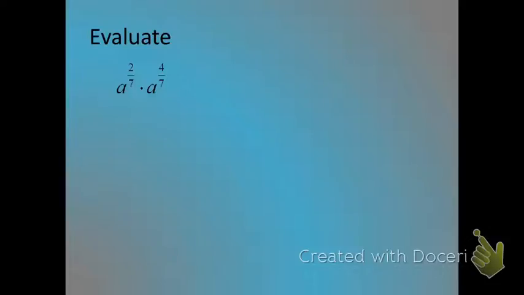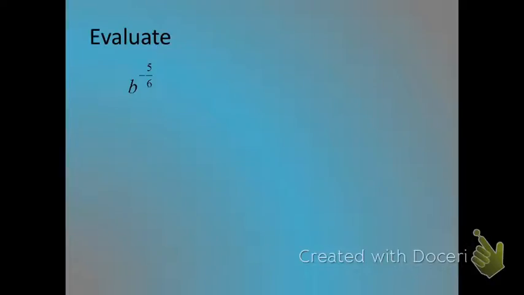It just basically asks you, do you know how to multiply and then add your exponents? And you say yes. So a to the 2/7 times a to the 4/7 gives you a to the 6/7. 2 plus 4 gives you 6. You're adding your exponents together. If you need to see it a little more, pause the video, because otherwise I'm moving on.